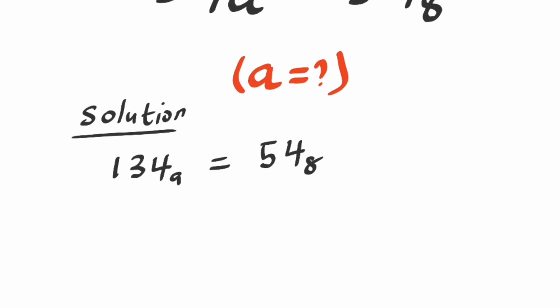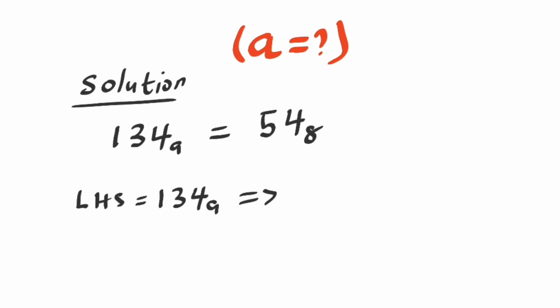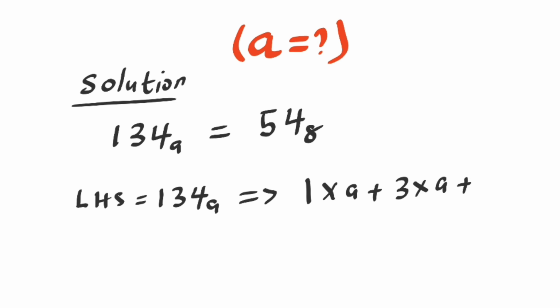That is, the left hand side here, 134 base a. This is 1 multiplied by a plus 3 multiplied by a plus 4 multiplied by a. This is a raised to the power 0, a raised to the power 1, and a raised to the power of 2.